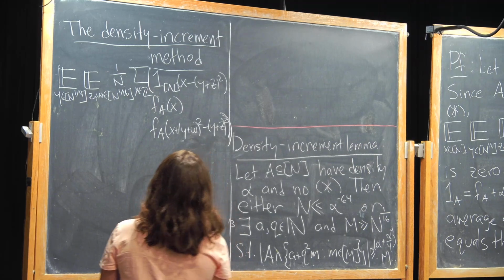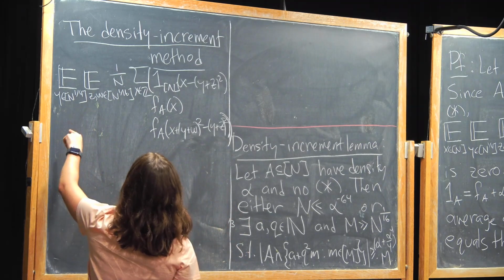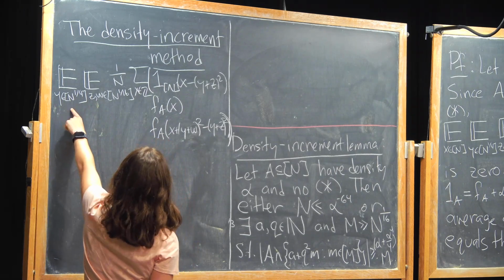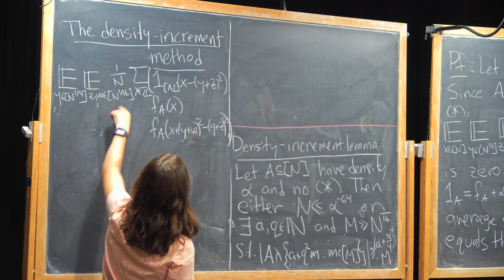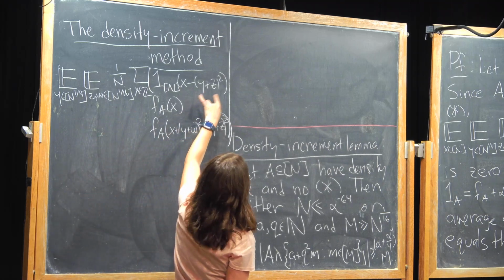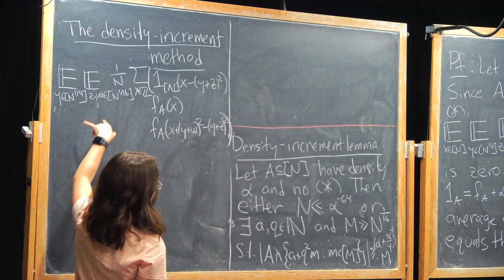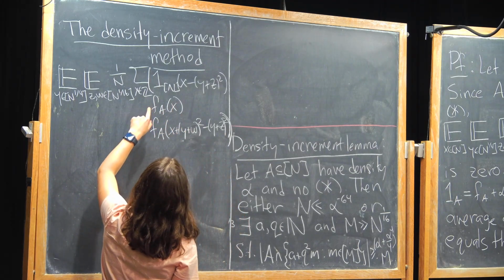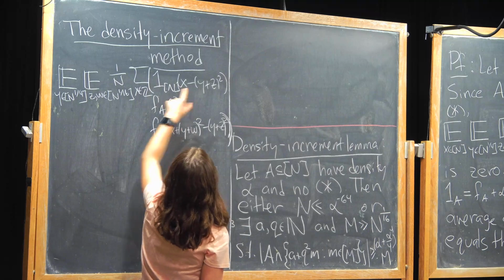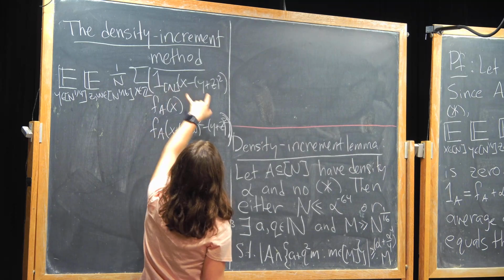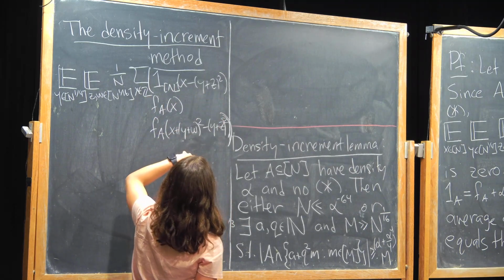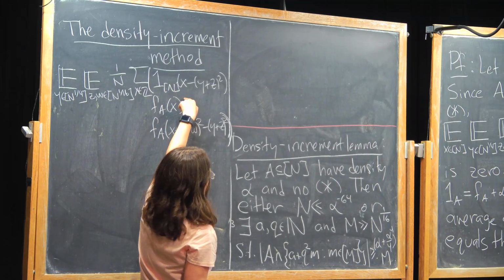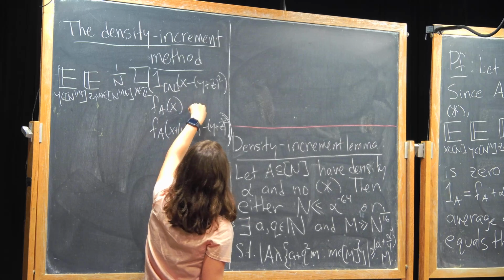So the first thing to note is that for any fixed y and z, with y up to n to the 1/4 and z up to n to the 1/16, the square of y plus z is going to be of size at most square root of n. So the number of points x at which the indicator function of x minus this square differs from the indicator function of x is on the order of at most square root of n.